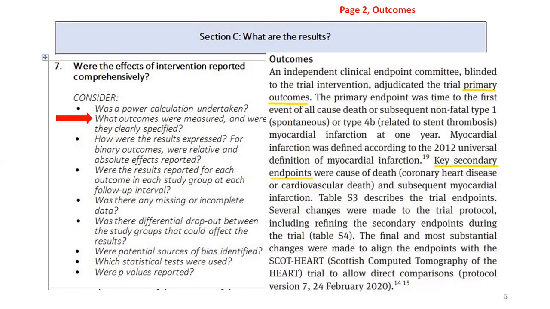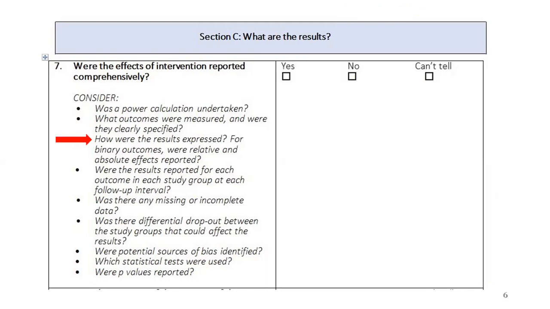The key secondary outcomes are death from coronary heart disease or non-fatal myocardial infarction, death from cardiovascular disease or non-fatal myocardial infarction, non-fatal myocardial infarction, death from coronary heart disease, death from cardiovascular disease, or death from other causes. So they divided the outcomes into two sections, primary outcome and key secondary outcomes. So the answer is yes.